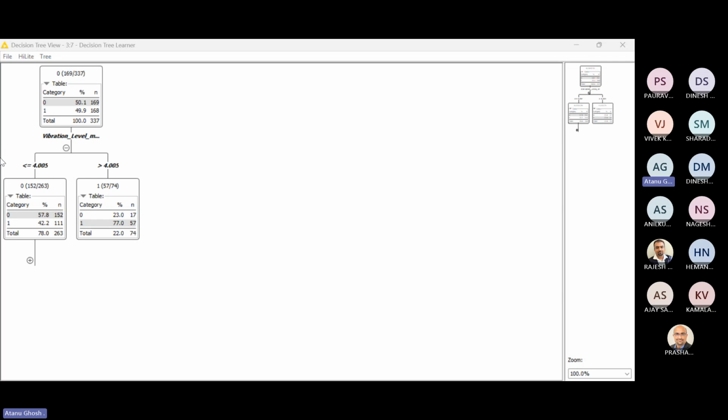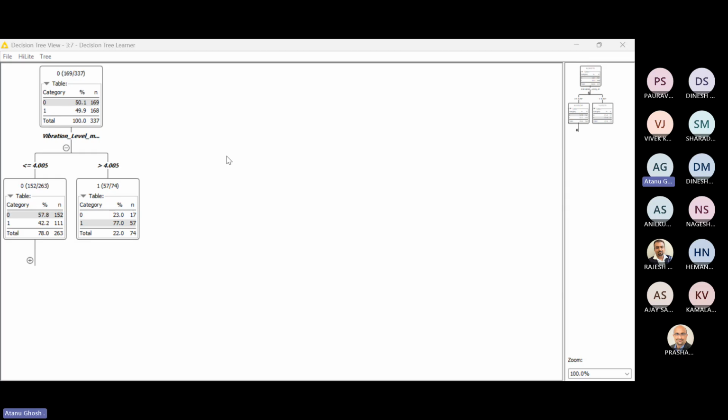And it is branching saying that if vibration level is less than 4, whatever is the unit of measure, we don't worry about the unit of measure here, less than 4.005, what happens? And if the vibration level is more than 4.005, what happens? Why has it taken 4? That also through iteration.